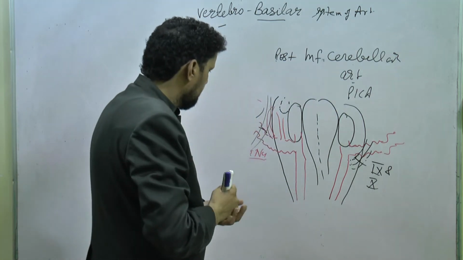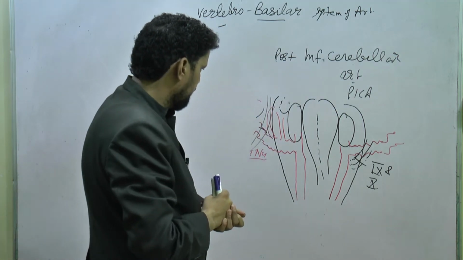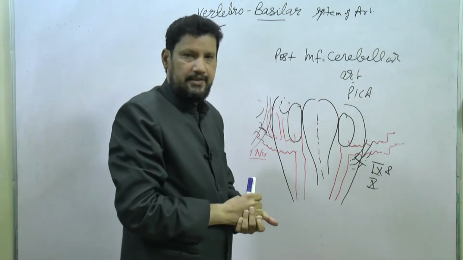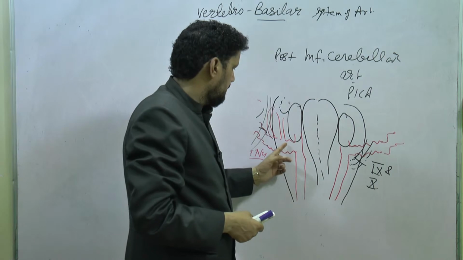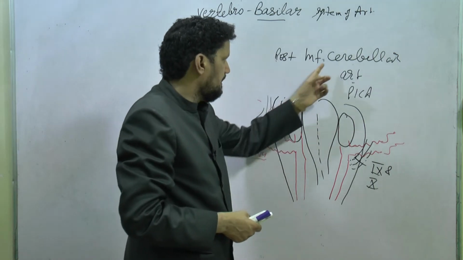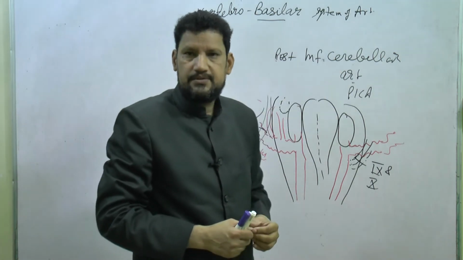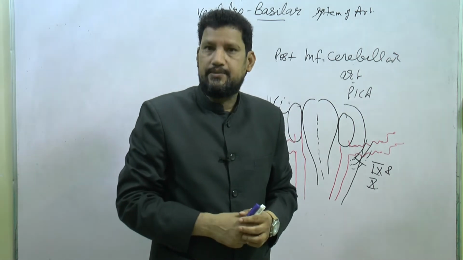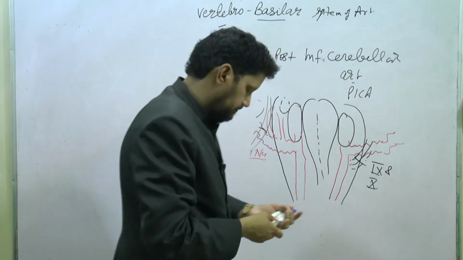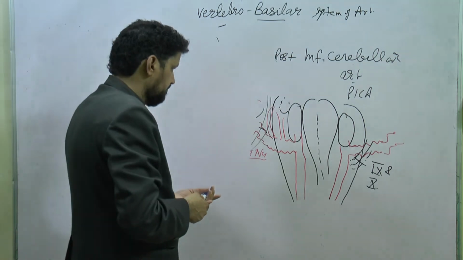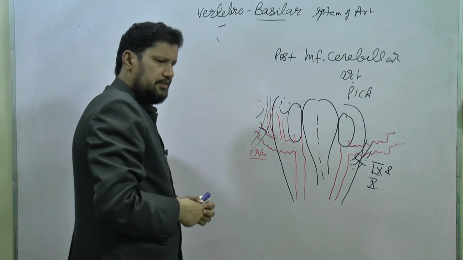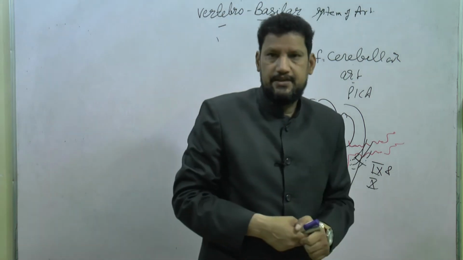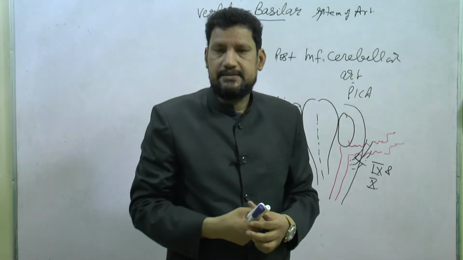So the other branch in the medullary region is the posterior spinal artery, which arises from the posterior inferior cerebellar artery, or sometimes directly from the vertebral arteries. The posterior spinal artery divides into anterior and posterior branches.